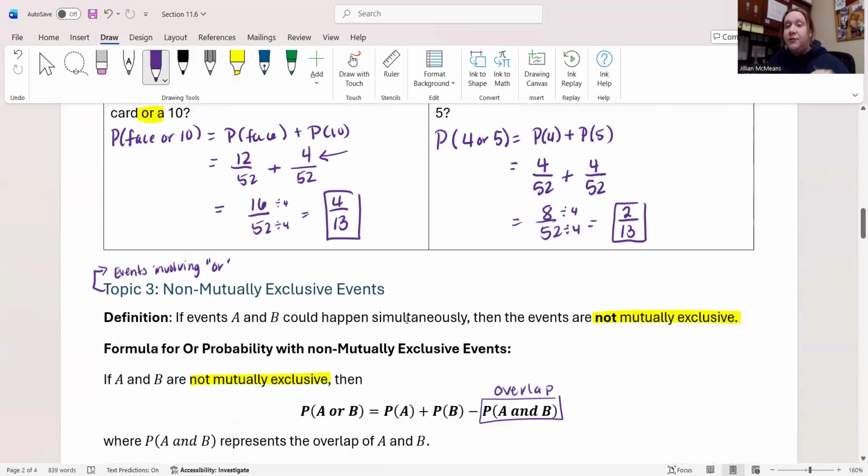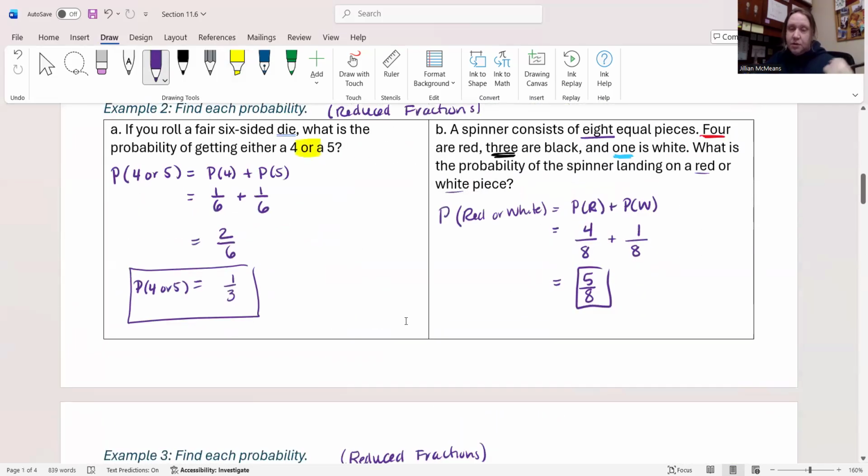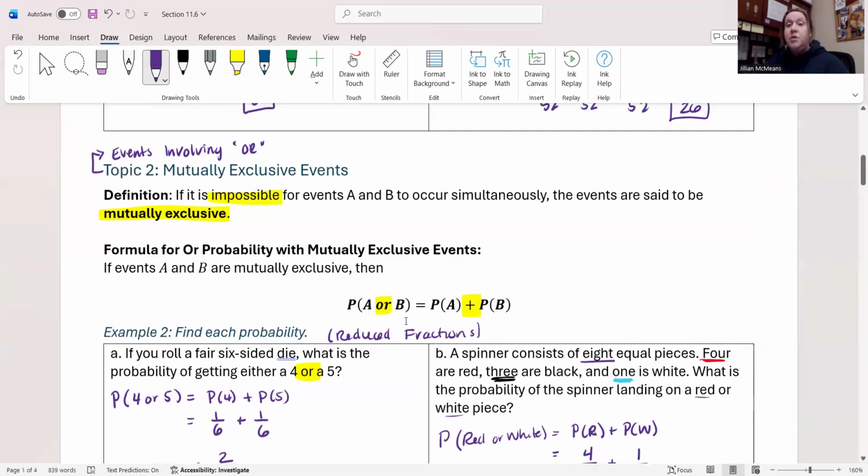So the big thing for the last two videos, this video and the one prior, is that we're dealing with or probabilities. What is the probability of this or that? That's easy enough to understand, but two different situations can occur. You can have a situation where your events are mutually exclusive, meaning they could never happen at the same time. You just add your probabilities and move on.